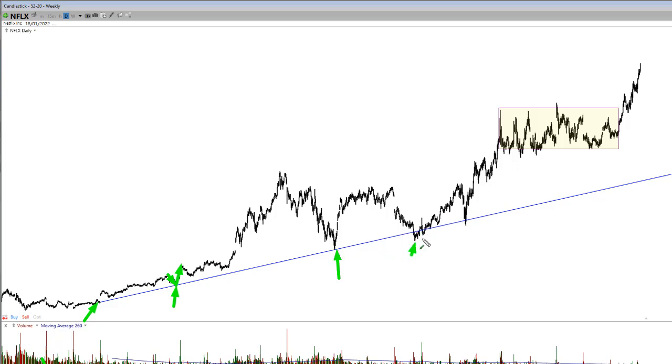We didn't exactly get a bounce, but we did get a breakthrough, and we actually had a bounce off support through there. And look what happened. That there was the Covid crash, and then we continued up. But look how amazing that trend line is through there.